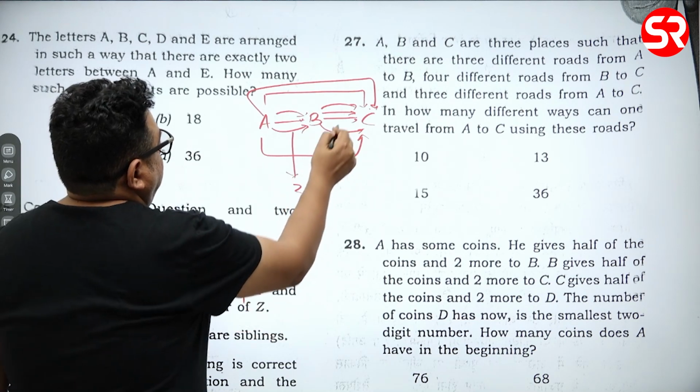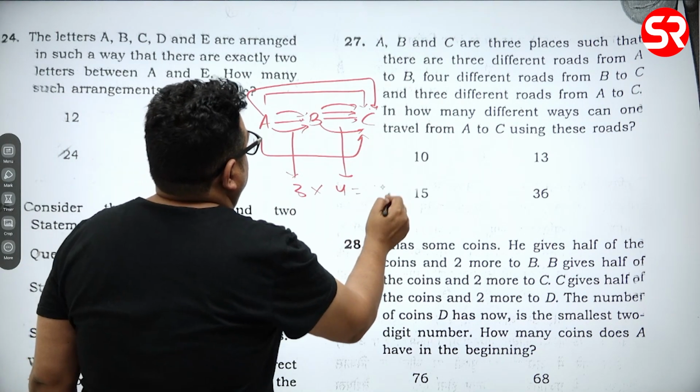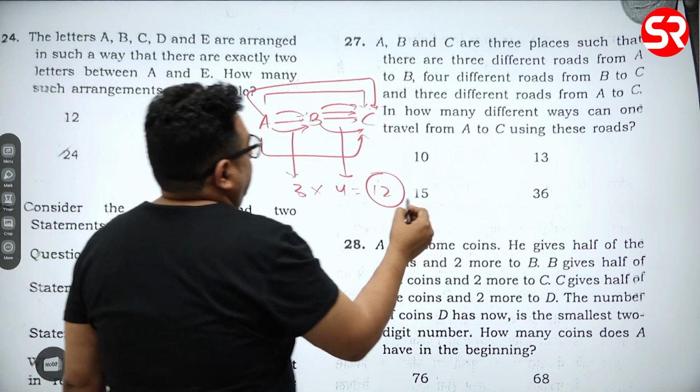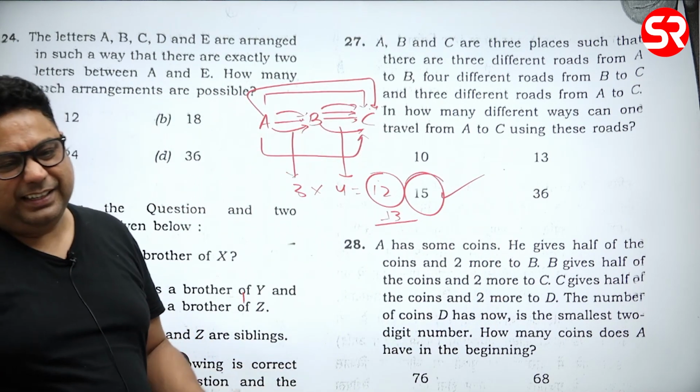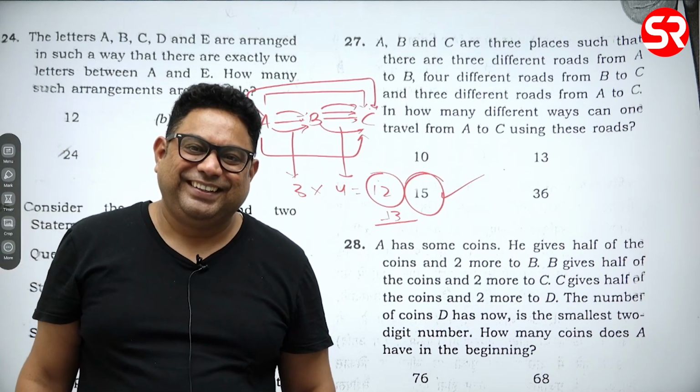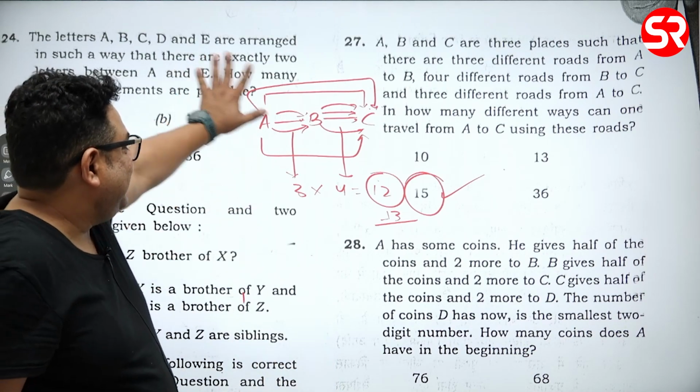A to B is 3, B to C is 4, 3 into 4 is 12. And A to C directly is again 3 more. This is 15 as your answer. Easy. You should have done it.